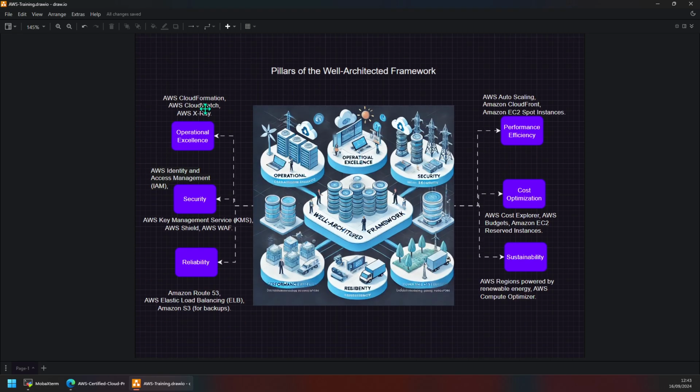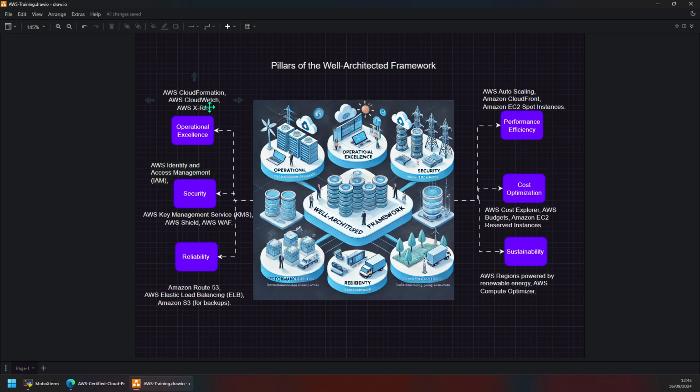Now I have added AWS CloudFormation, CloudWatch, and AWS X-Ray over here for operational excellence. And for security, I've put in IAM, which is Identity and Access Management, AWS Key Management Service or KMS, and AWS Shield as well as WAF for encrypting your stuff as well as to audit and monitor your vulnerabilities.